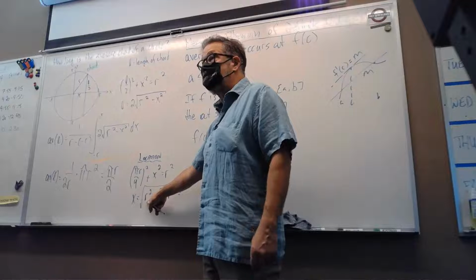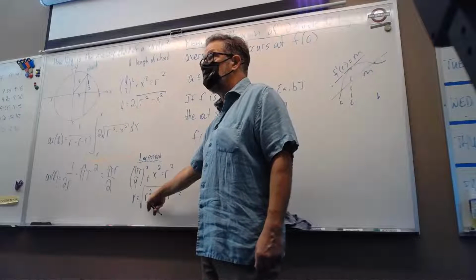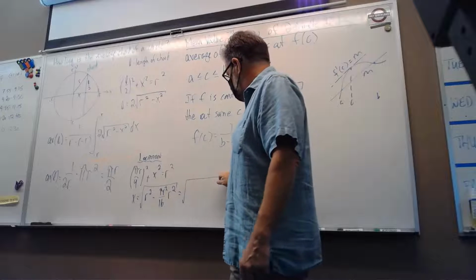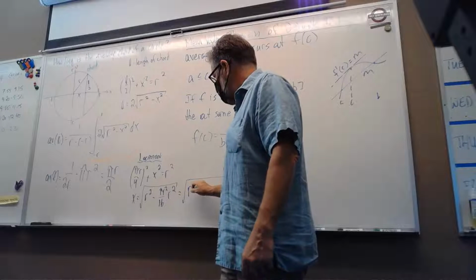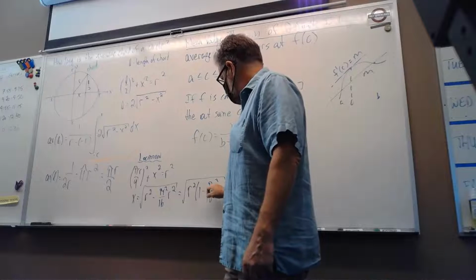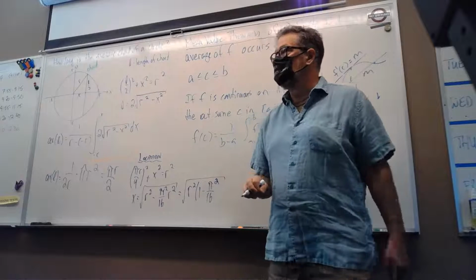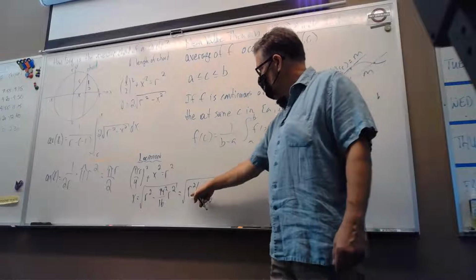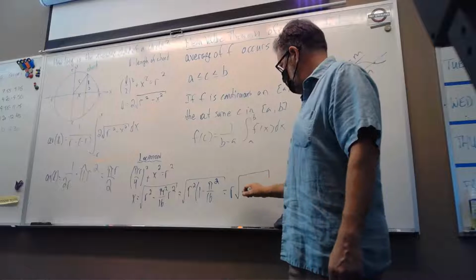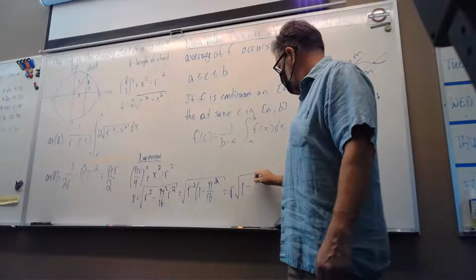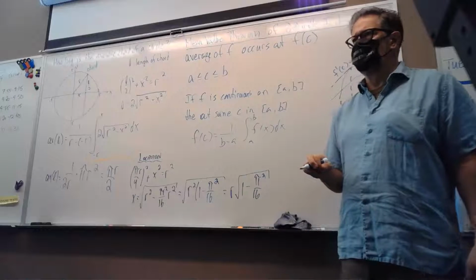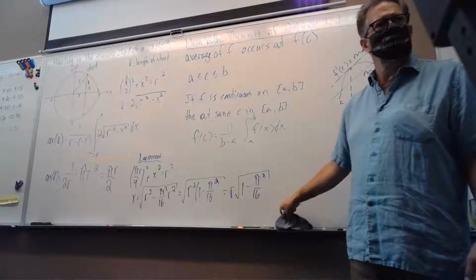Guys, comfortable with factoring out an r squared? You want me to do two steps? Here, let's do two steps. Do we agree that this is r squared times 1 minus pi squared over 16? Which means that I can put the r outside of the square root. We good with that? Okay.